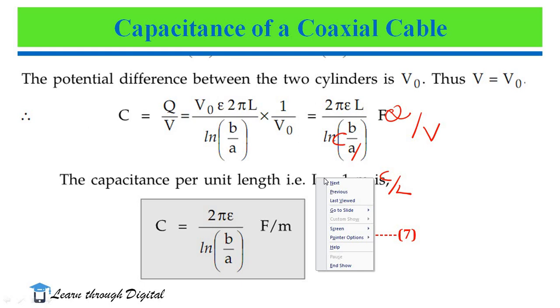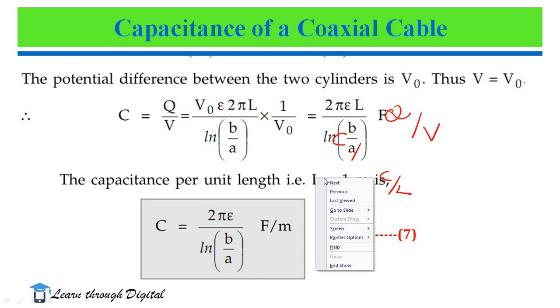Both are the same. Based on the statement of the problem, we can use any one method. But anyway, we get the same expression for the capacitance of a coaxial cable: C is equal to 2 pi epsilon by ln B by A farad per meter.